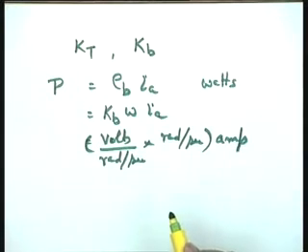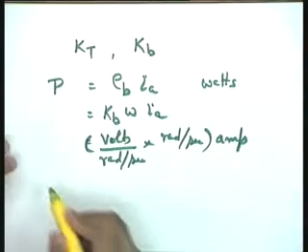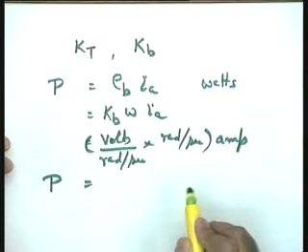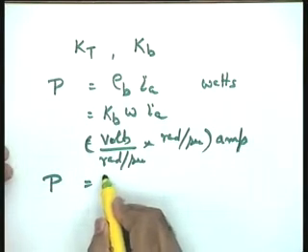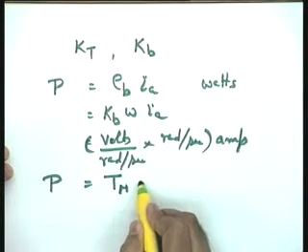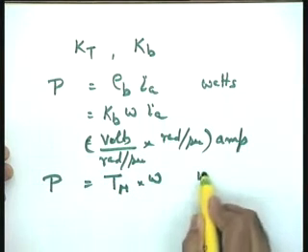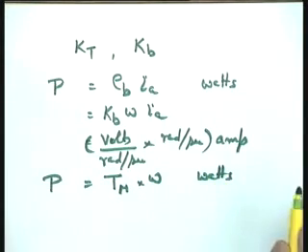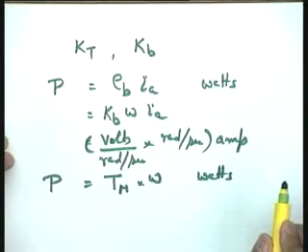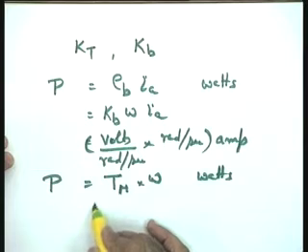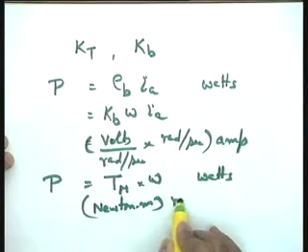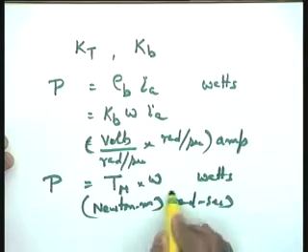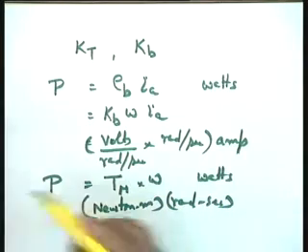Now, give me the equivalent expression of power developed, please. Power developed is also given by, assuming that there is no loss, neglecting losses, the torque Tm into the speed omega, again the units watts. The torque Tm developed by the motor into the angular velocity omega. Now, let us look at the units. The units in this case are Newton meter into radian per second. This is in watts. Okay.